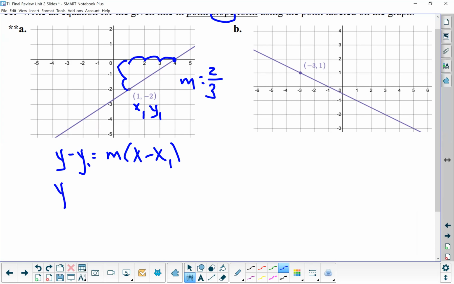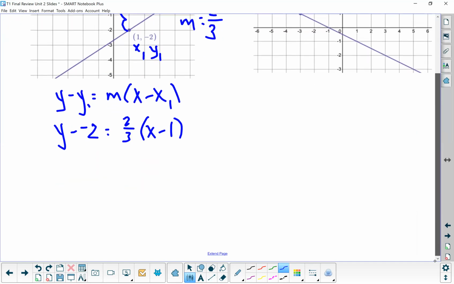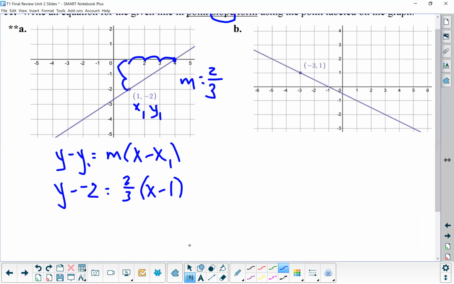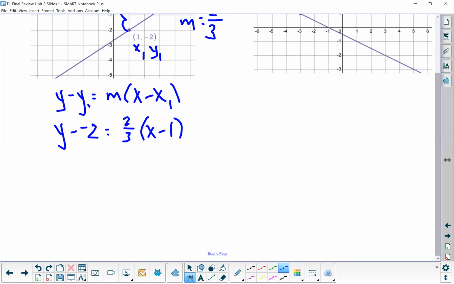So y minus negative 2 is equal to 2/3 times x minus 1. Again, relooking at this, minus a negative is the same as plus a positive. So we can rewrite this as y plus 2 equals 2/3 times x minus 1.